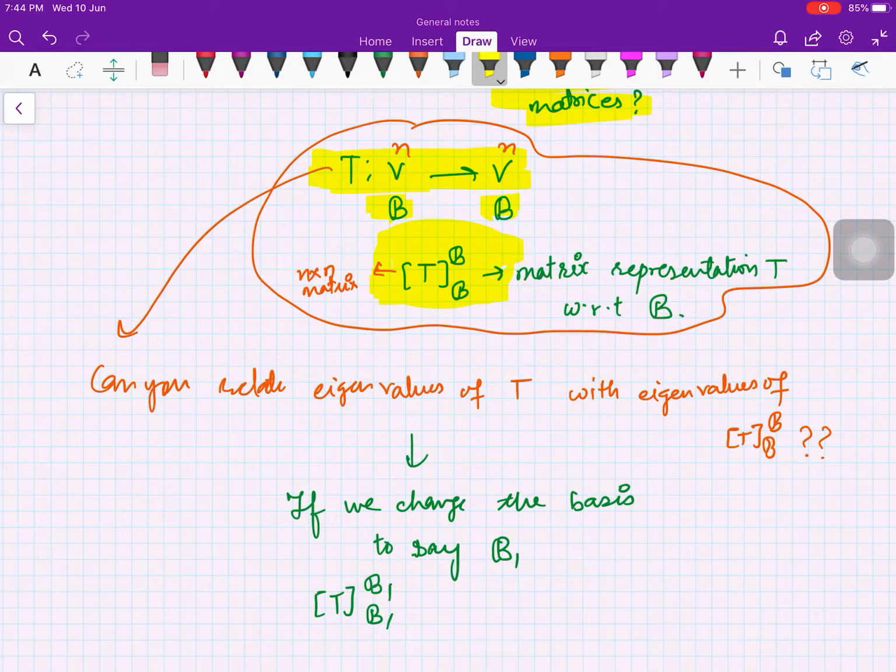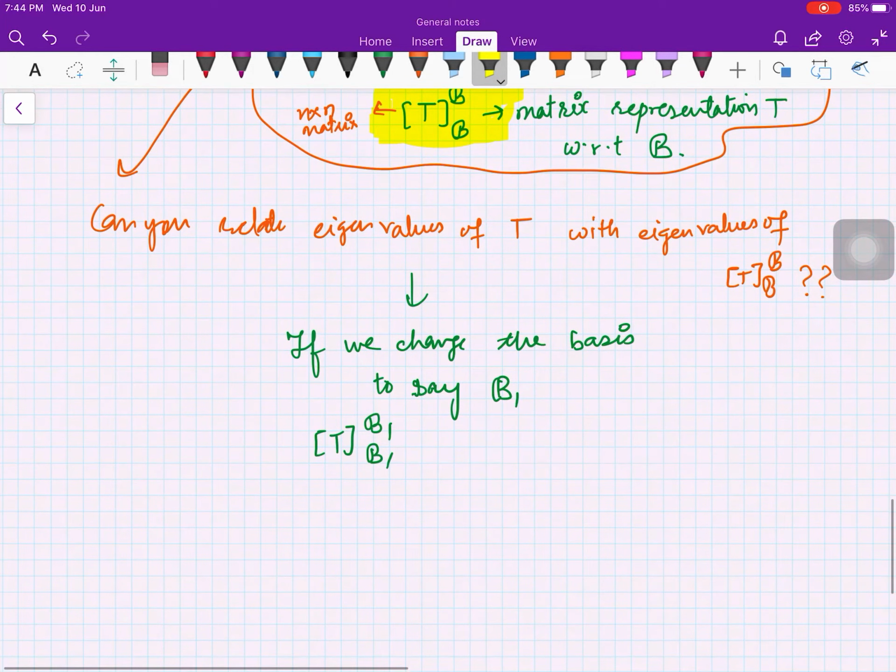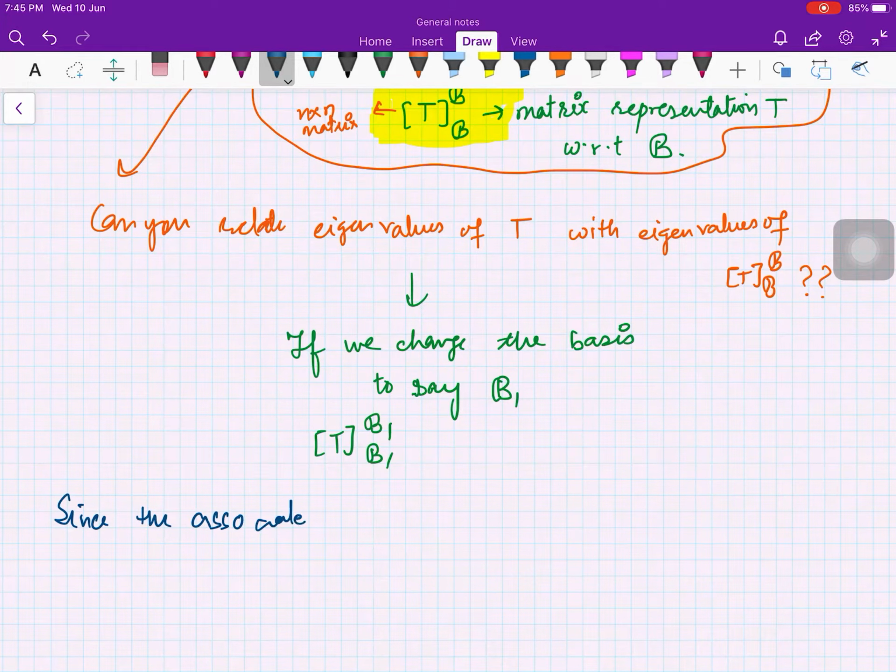So how can we relate the eigenvalues of the linear map with the eigenvalues of the associated matrix, because that associated matrix is not unique? Since the associated matrix is not unique, T beta beta is not unique.